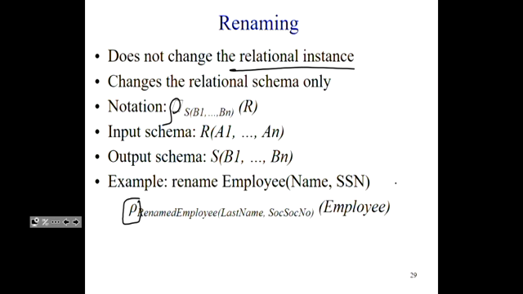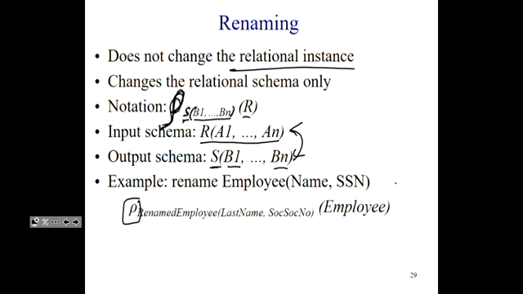So if your input is R with attributes A1 through An, and you want to rename it to S with attributes B1 through Bn, you can use the renaming formula, which has the notation rho with a subscript of the new relation name and the new set of attributes, applied to R. Notice that these two have to have the same number of attributes.